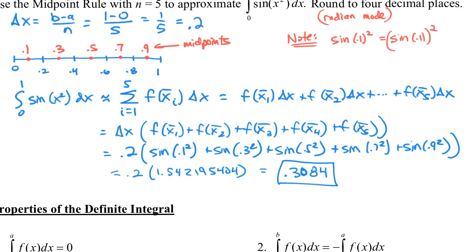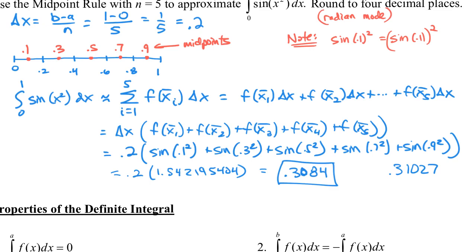So if you look back at our last answer, with the Cordic algorithm, the calculator uses what's called the Cordic algorithm, but it got 0.31027 is what we put last time. So it's not super close, but we only used 5 rectangles.